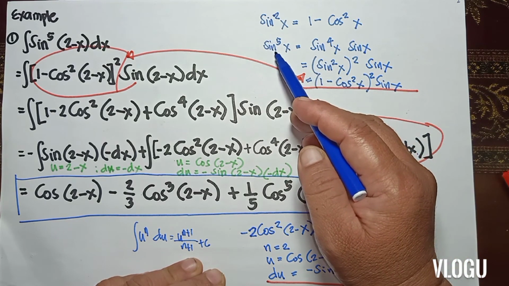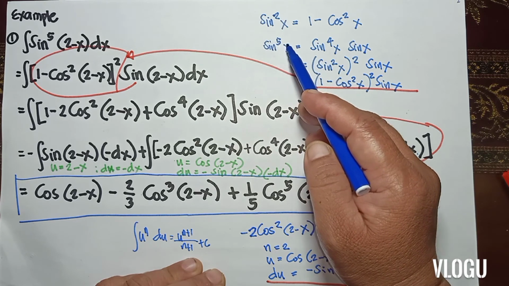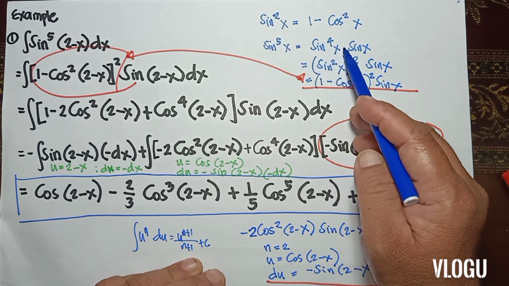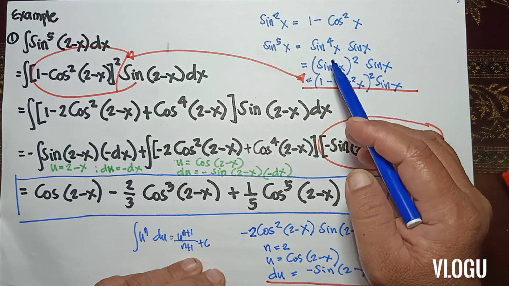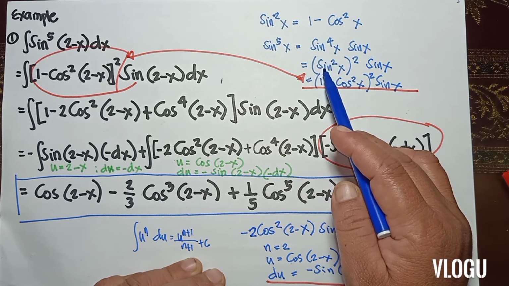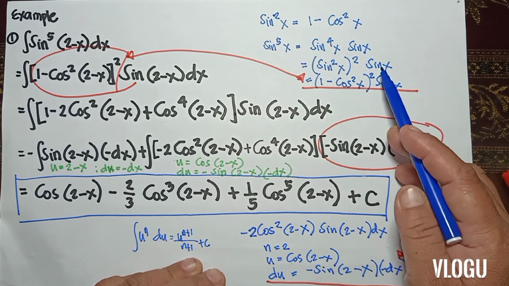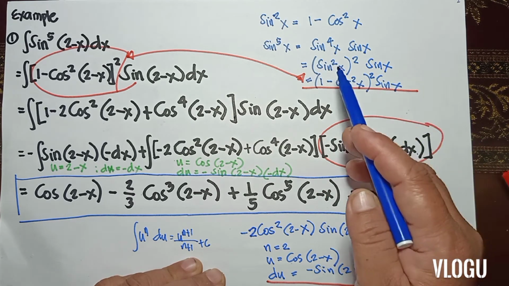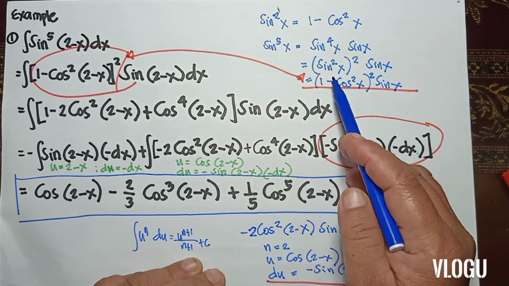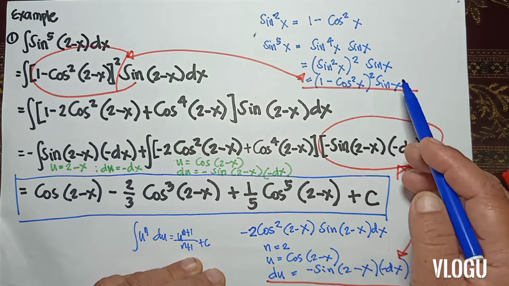So sine to the fifth x is equivalent to sine to the fourth x times sine x. Then sine to the fourth is sine squared x squared, wherein sine squared x is equivalent to 1 minus cosine squared x, all squared, times sine x.